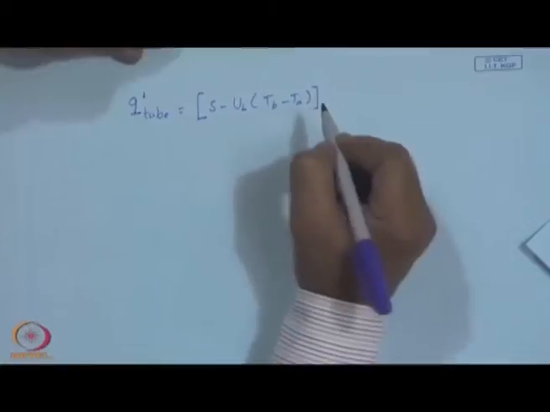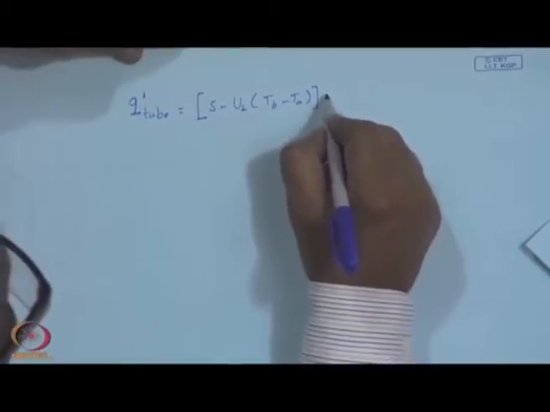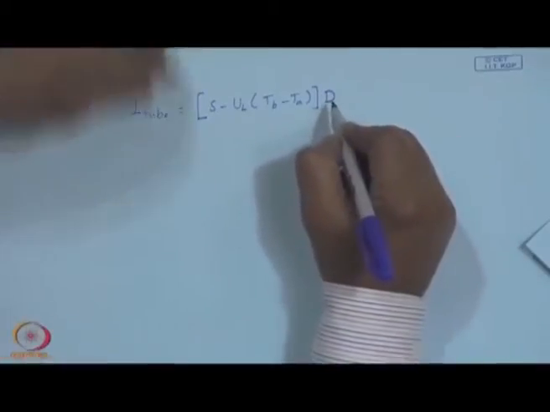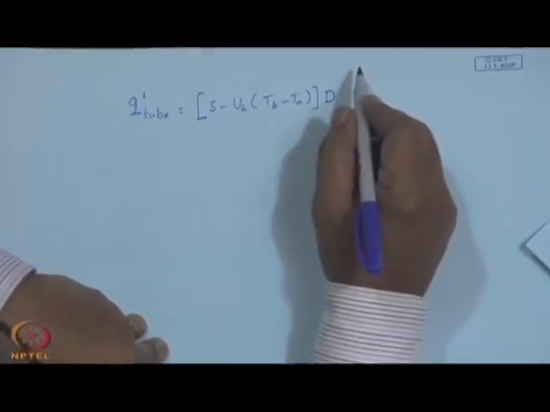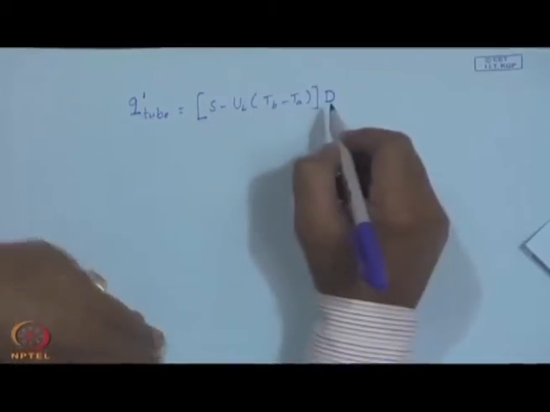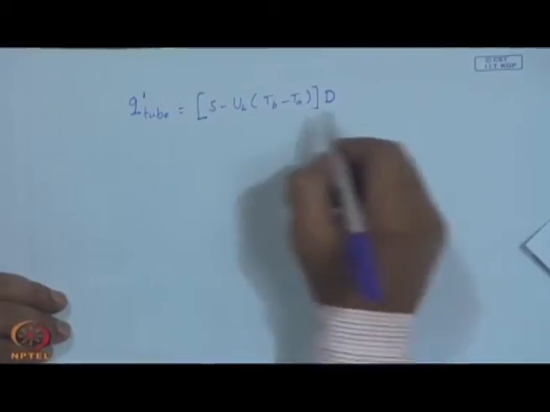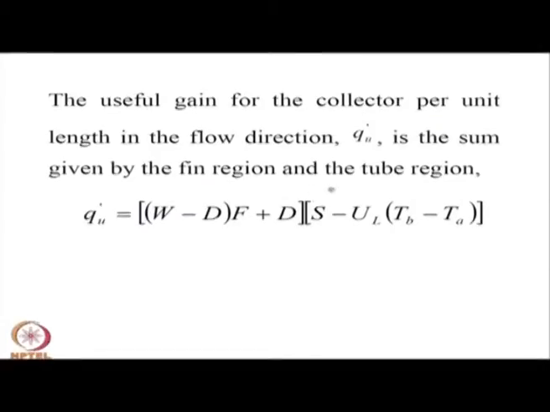We assumed that there is no temperature variation on the periphery of the tube, so that will be the same as the base temperature T_b, and D is the projected length; multiplied by the unit length perpendicular to the plane of the paper, it gives the corresponding area. So q' tube per unit length of the collector will be (S minus U_L) into (T_b minus T_a) times D.